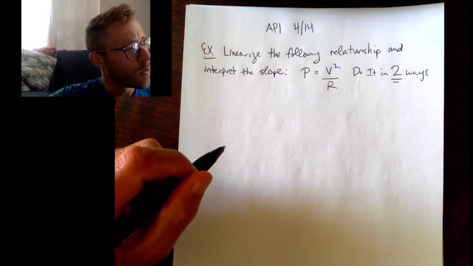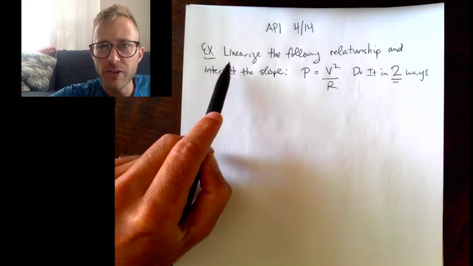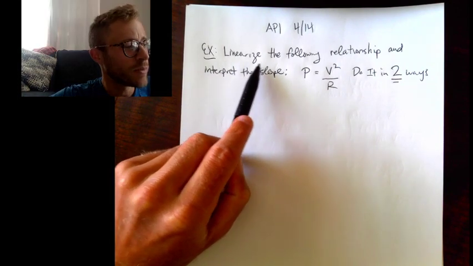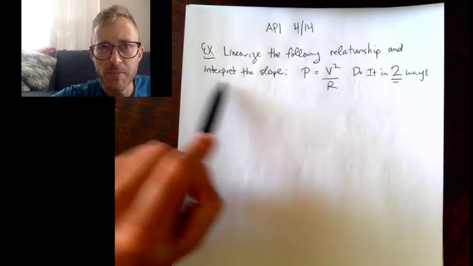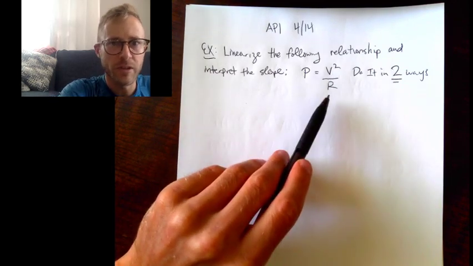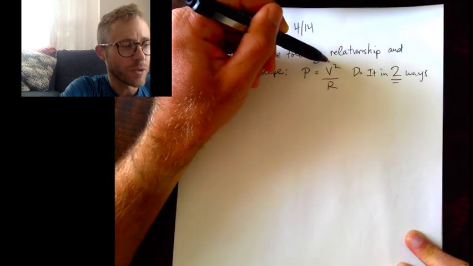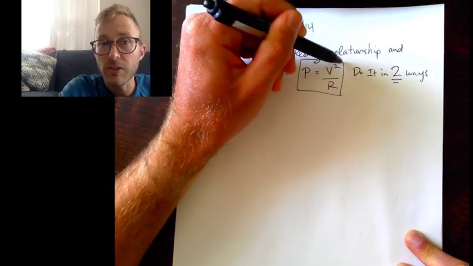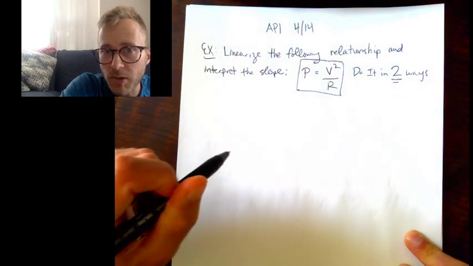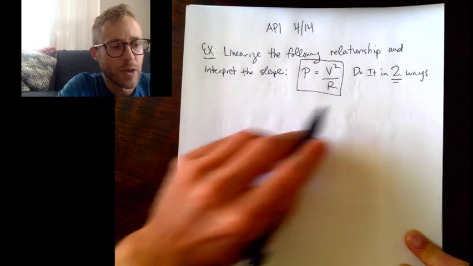What it says is we want to linearize the following relationship and interpret the slope. P equals V squared over R. That was the equation for power dissipated by a resistor. You might remember it from a couple weeks ago. And I want you to do it in two ways.